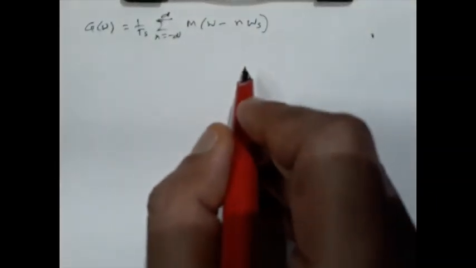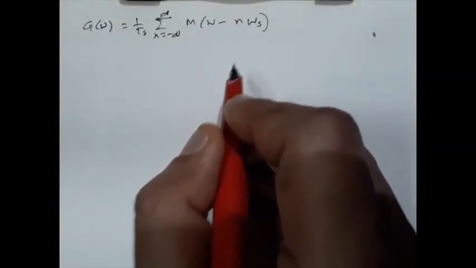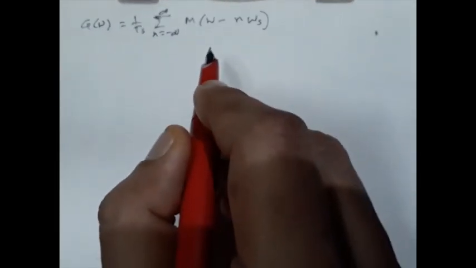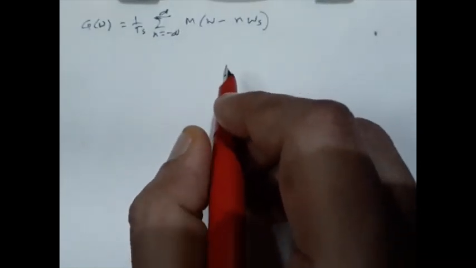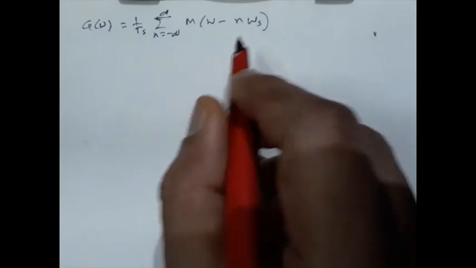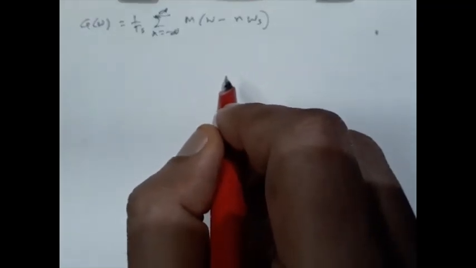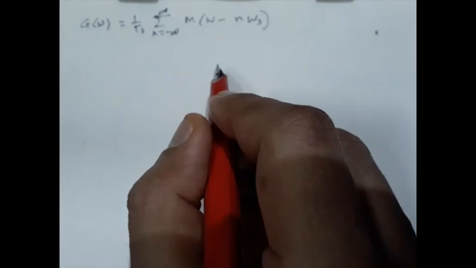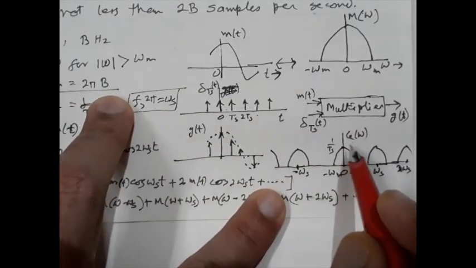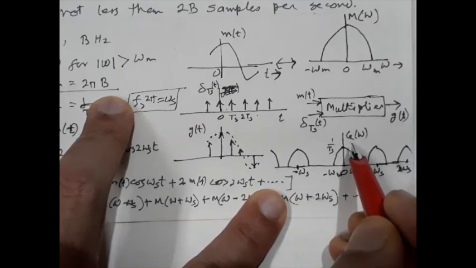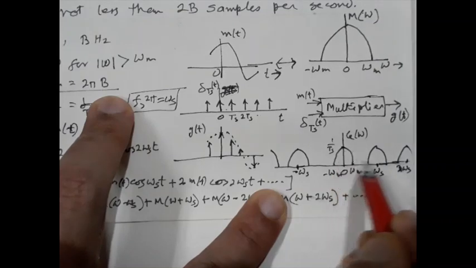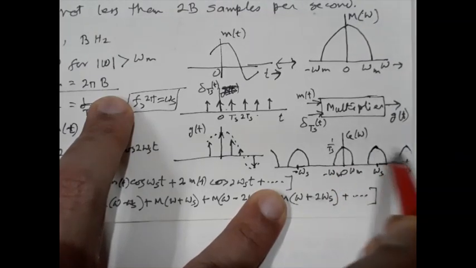So if we want to reconstruct m(t), the original message signal, from g(t), we must be able to recover M(omega) from G(omega). This is possible if there is no overlap between successive cycles of G(omega). So let us go back to the spectrum. This is the spectrum of G(omega), a periodic function like this.